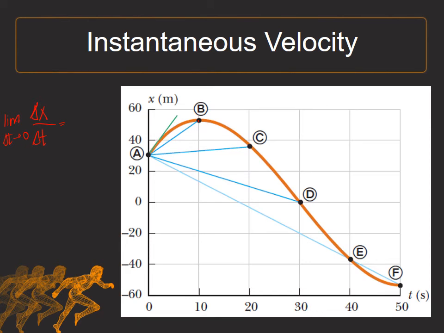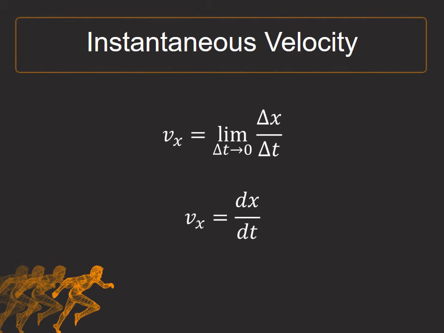And alam ko, hindi nyo pa nakukuha yung basic calculus nyo, second sem pa yun, pero ang kailangan lang natin maintindihan dito is yung difference ng instantaneous velocity and average velocity.